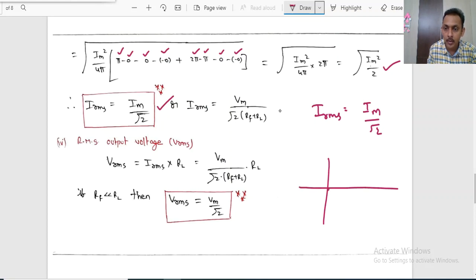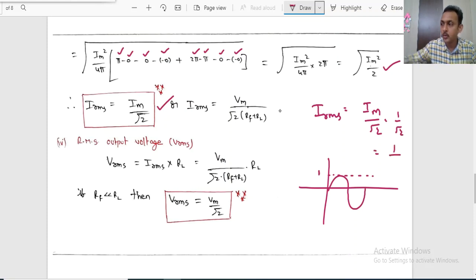For example, if the peak value of a waveform is 1, then the RMS value will be 1 divided by root 2, which is 0.707.